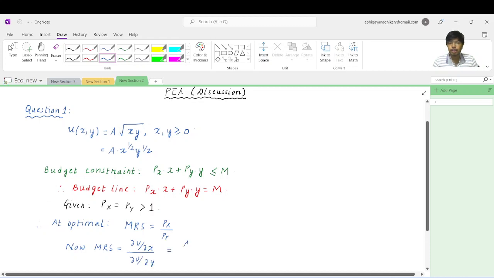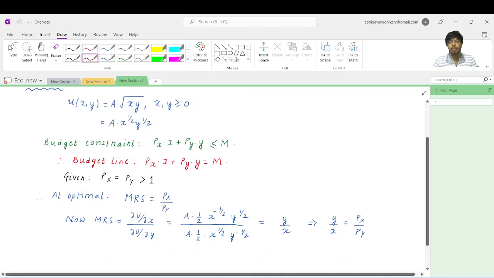So that will be a times half into x to the power minus half y to the power half divided by a into half x to the power half y to the power minus half. So this will simply become y by x. That means y by x is equals to px by py. That is the optimization condition that we get.